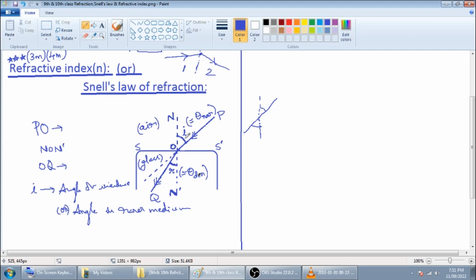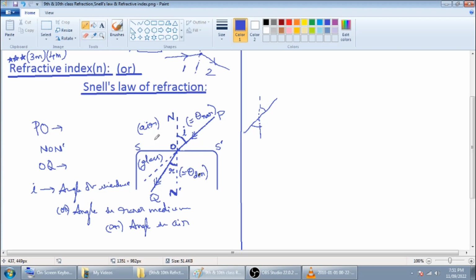Now which is the rarer medium here? That is considered air. So this can also be called the angle in air. But the rarer medium need not always be air. It can be any medium whose density is lesser than glass. For example, water density is less than glass.